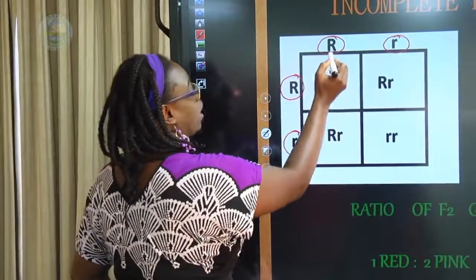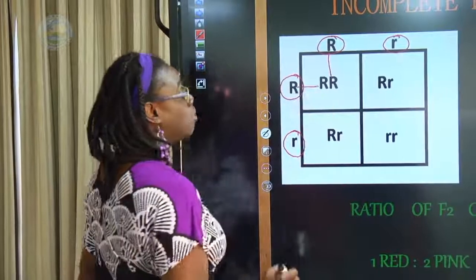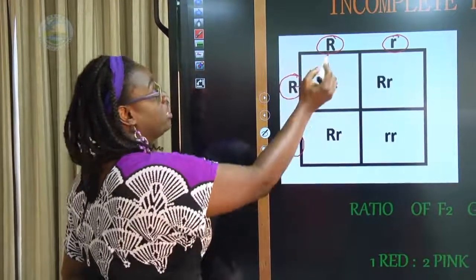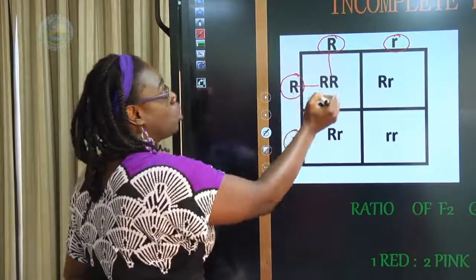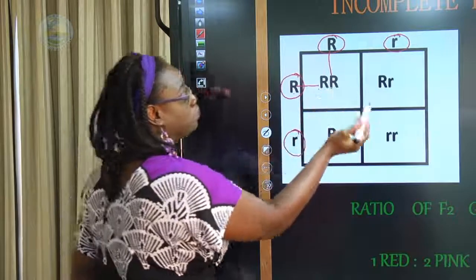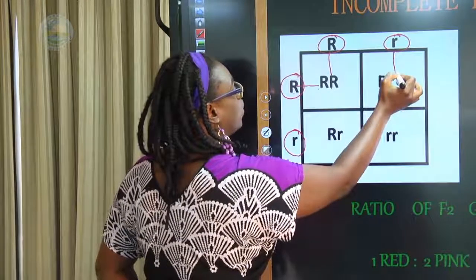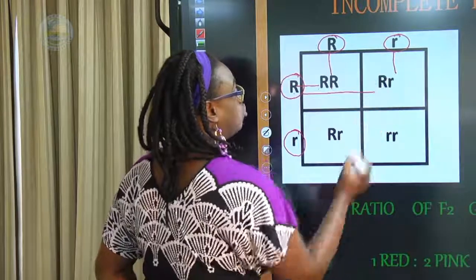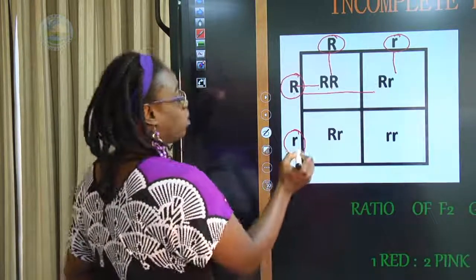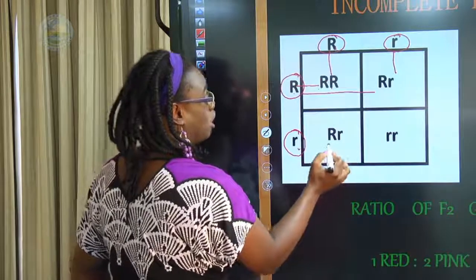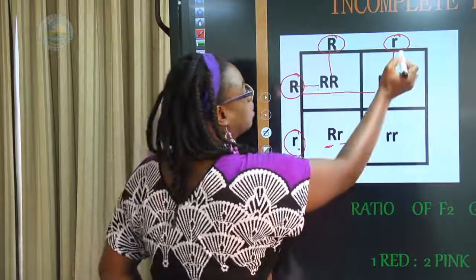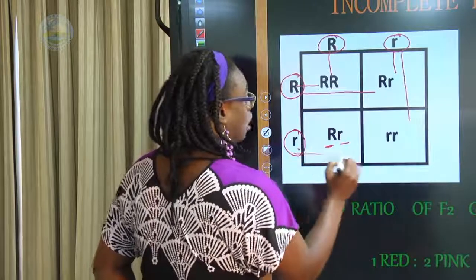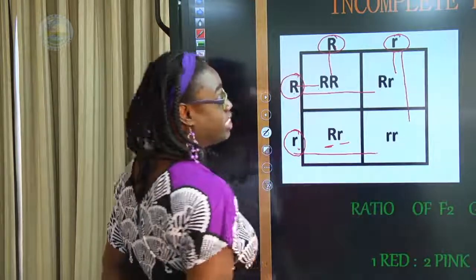So in this box, we have capital R, capital R, giving you homozygous dominant. For this one, we have capital R and common R, so we have a heterozygous case, common R, capital R, another heterozygous case here, and common R, common R to give you a homozygous recessive case.